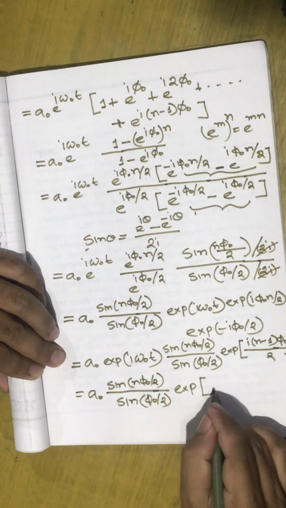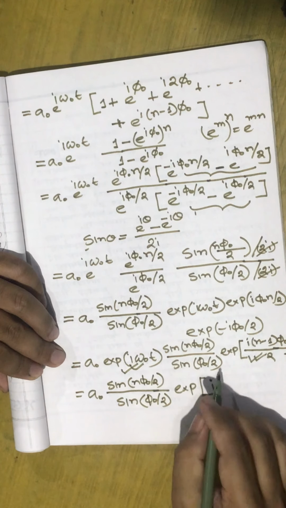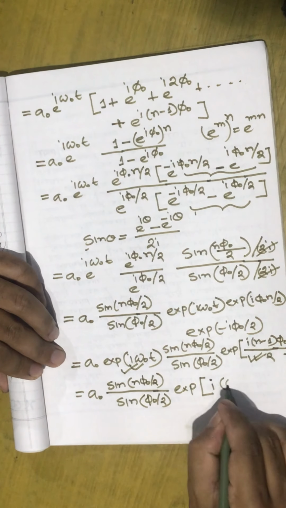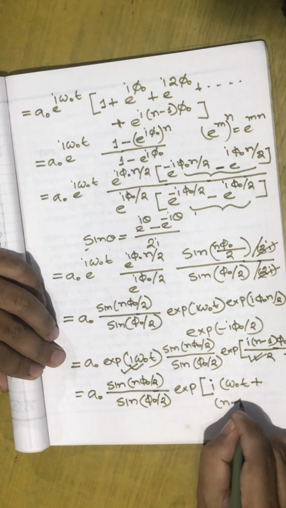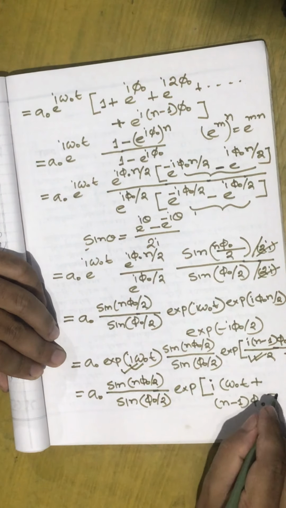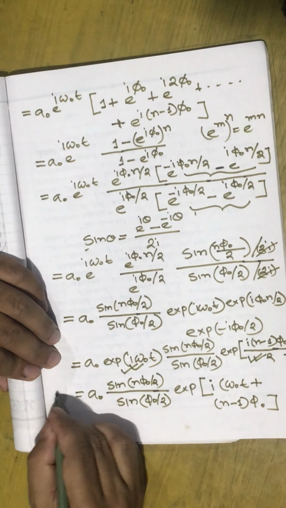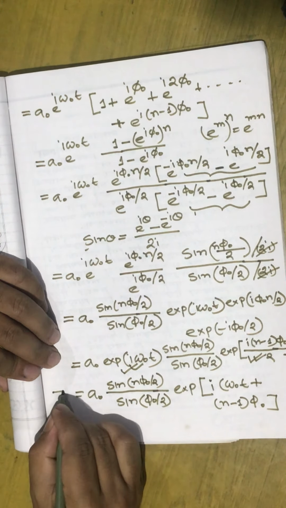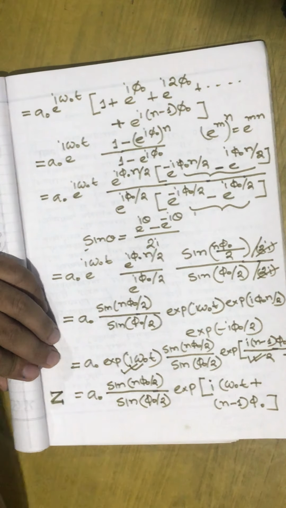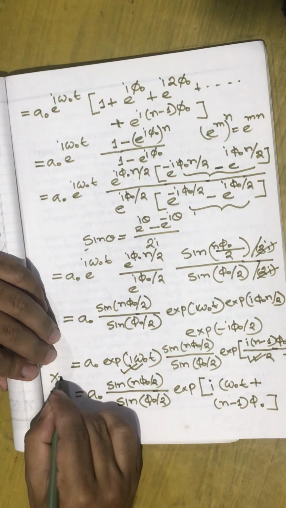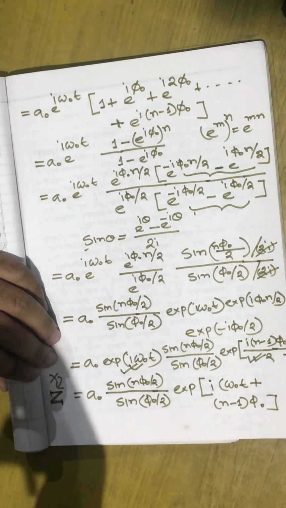If I take i as common, I am just going to add up these two parts, so it will be omega naught t plus n minus 1 into phi naught. Okay, so this is the complex resultant z. Let's put it as z, the complex resultant. Earlier I put it as x, but it should really be designated by z.